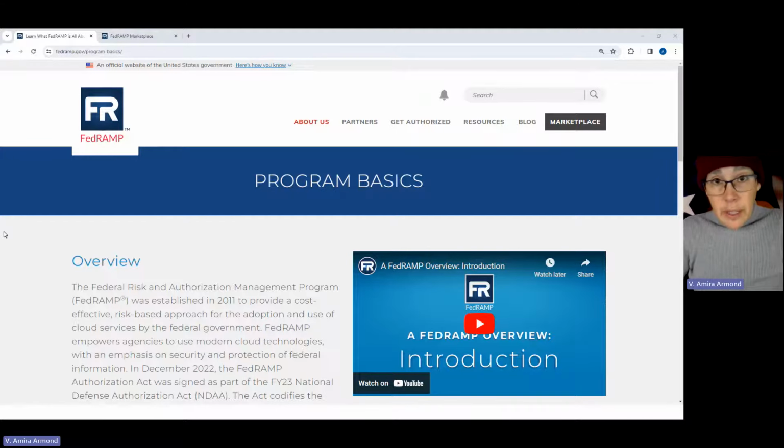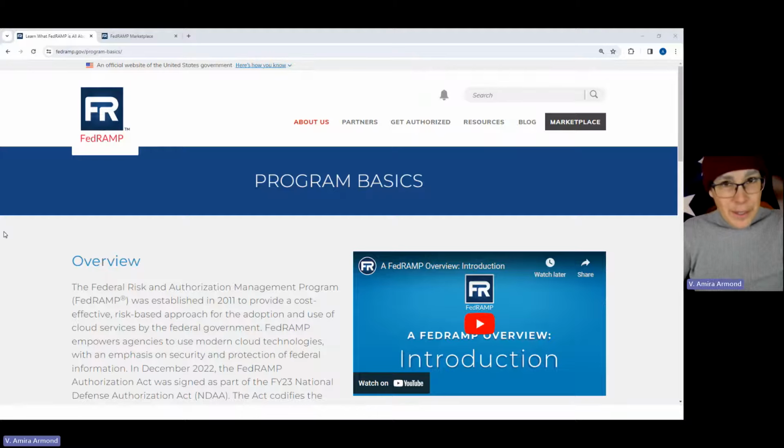Well, basically all of the defense contractors have a clause in their contracts with the Department of Defense that says, if you use a cloud service provider to store, process, or transmit controlled and classified information, you need to make sure that that cloud service provider is FedRAMP moderate or equivalent.